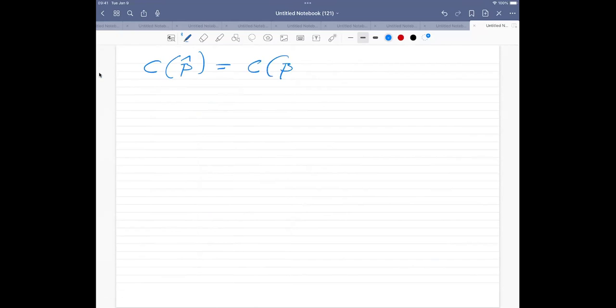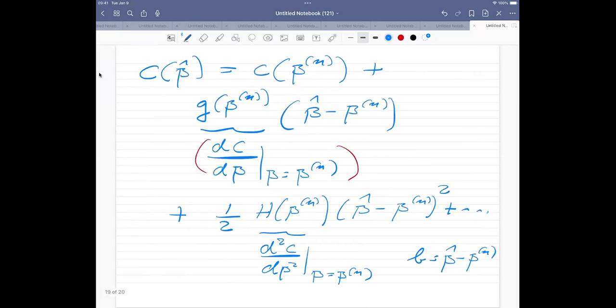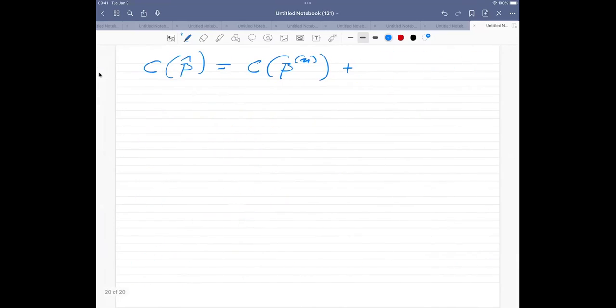I have a constant term, C of beta of n, which is something we know. And then I get the first derivative, which I call g, evaluated at beta of n.